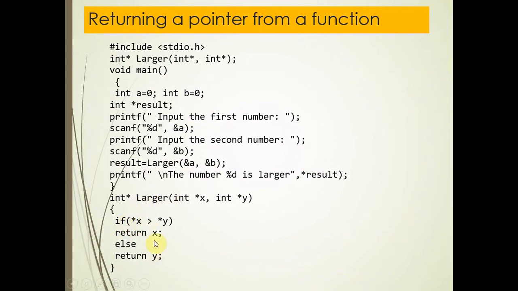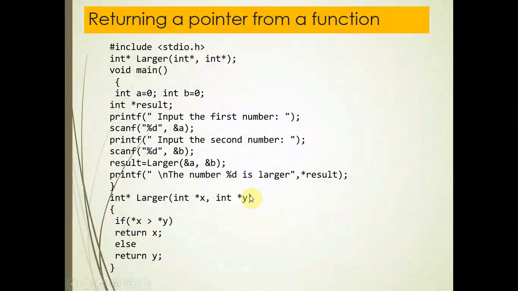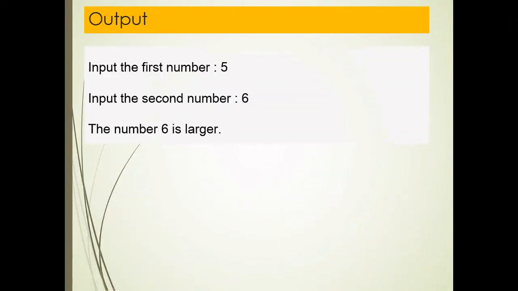So if the condition is true, then it will return x, otherwise it will return y to the calling function. As you know, a function returns a value to the calling function. So with the help of this statement I am calling the function here, and this value will be assigned to result, and result finally will be printed here. So this is the example of returning a pointer from a function.